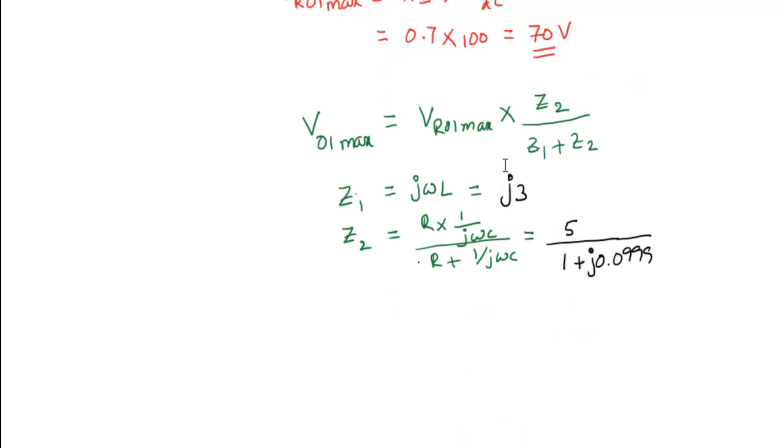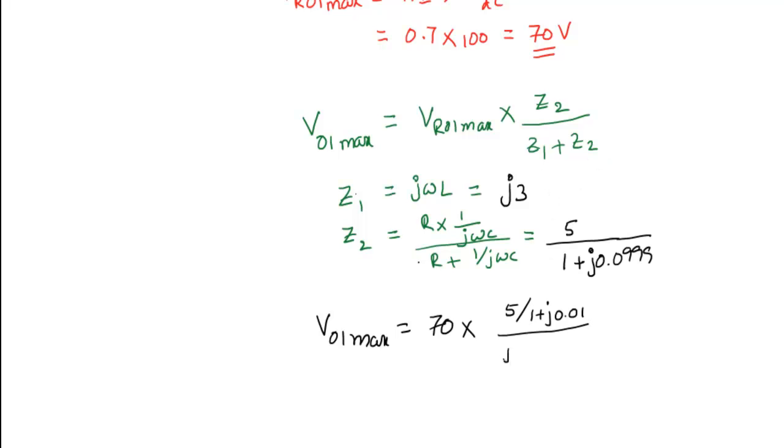After substituting the inductance value, capacitance and resistance, we can get Z1 is J3 and Z2 is like this. Now let us try for V0 max by replacing all the values in this equation. You can get V01 max equal to 70 volts, which we calculated, multiplied by 5 divided by 1 plus J 0.0, approximately you can take 1, divided by Z1 plus Z2.